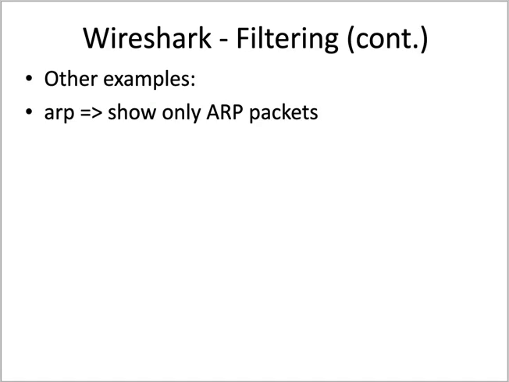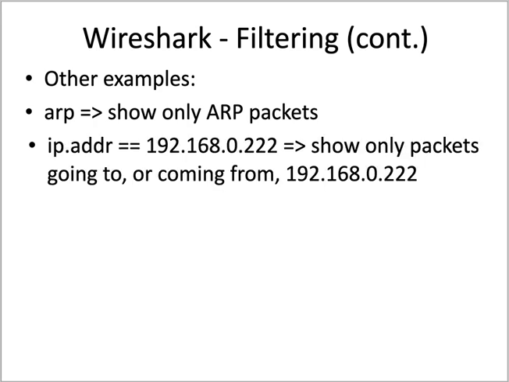Now then, we talked about ARP. If you want to show all the ARP packets, you just simply type in ARP, and it will do that. If you only want to see packets going to or from a specific host, you can say IP.address equals, and then the IP address of the machine.